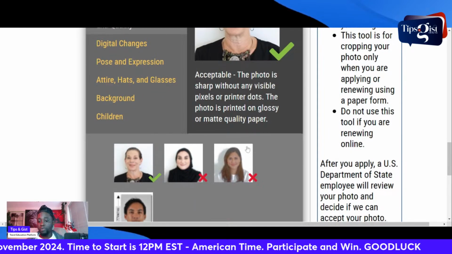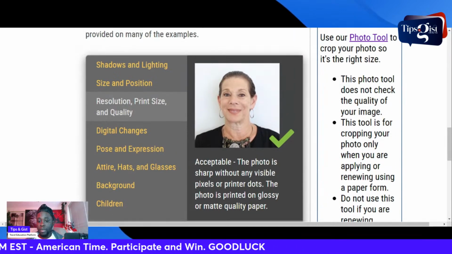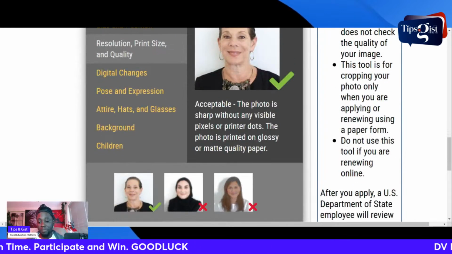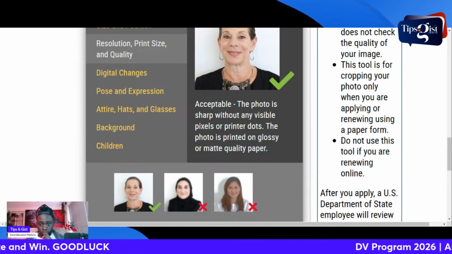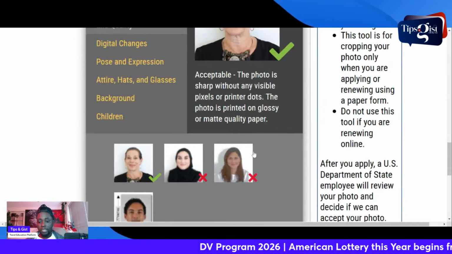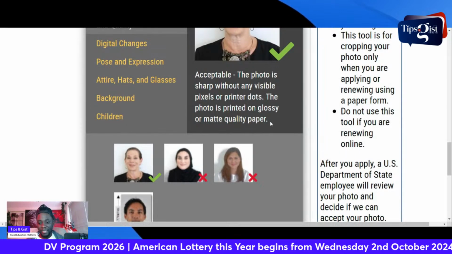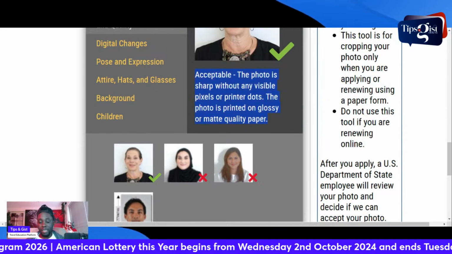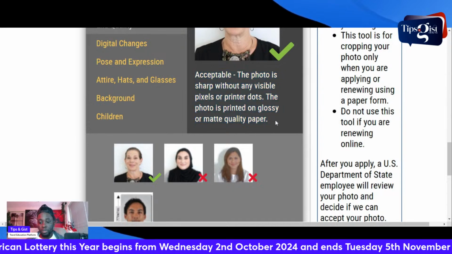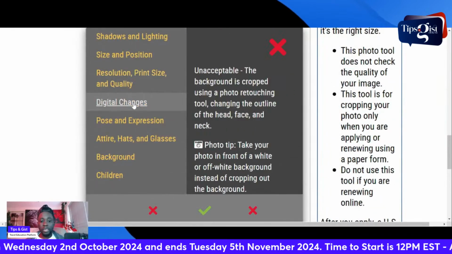When you are going for an American interview, any immigrant visa, you need a photograph, and the photograph is the same size that you use for the American lottery. So this is in terms of printing, when you are printing for your interview. But today we don't need that because we will not be printing ours. All right, let us go to digital changes.